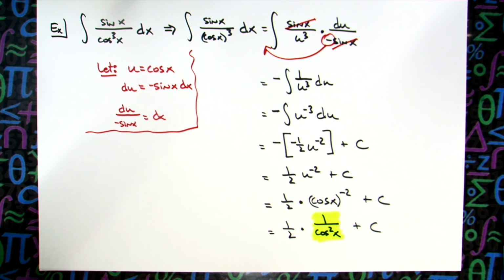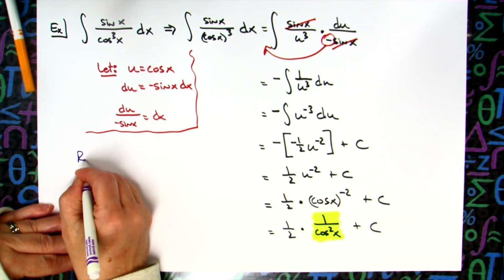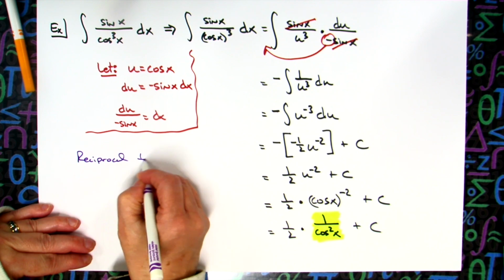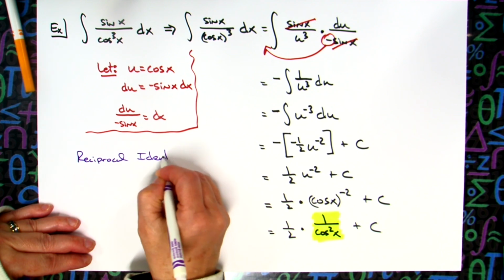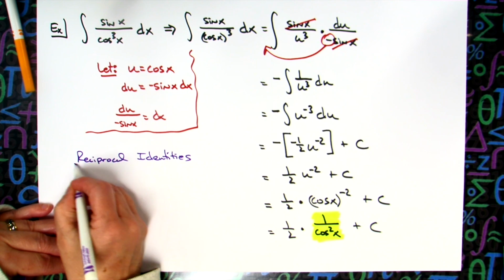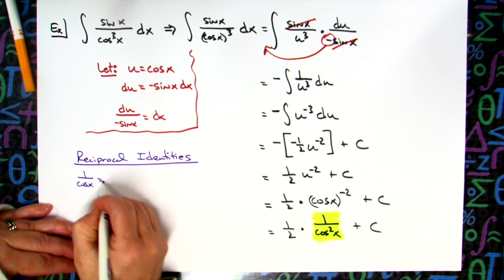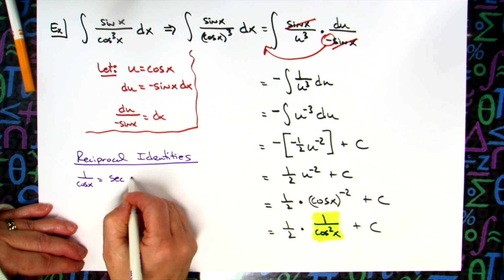1 over cosine is equal to, not cosecant, secant. It's the reciprocal identities. Okay, so we learned the reciprocal identities. I'm going to write it down next to this. We learned things like 1 over cosine is equal to secant x.